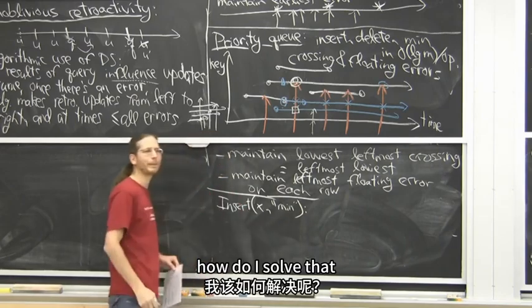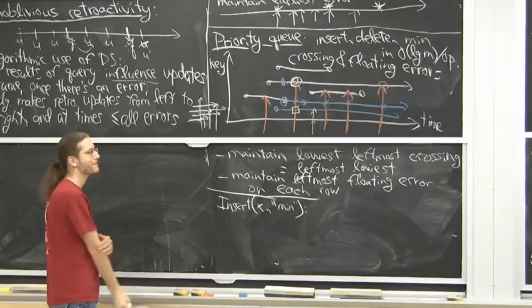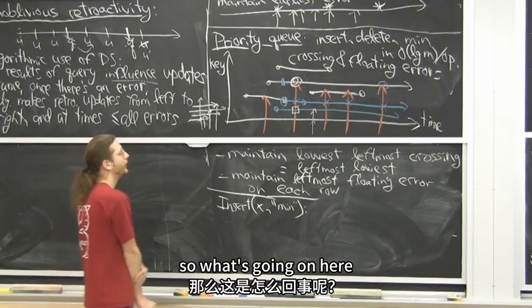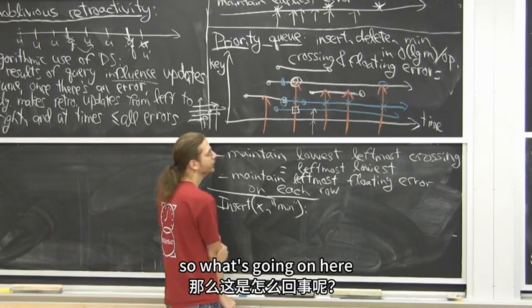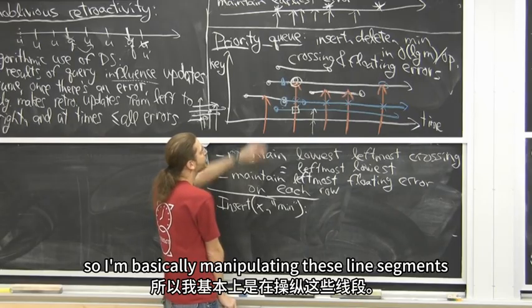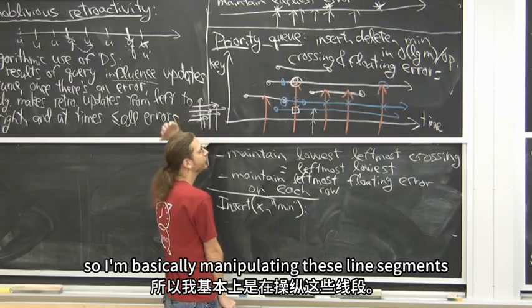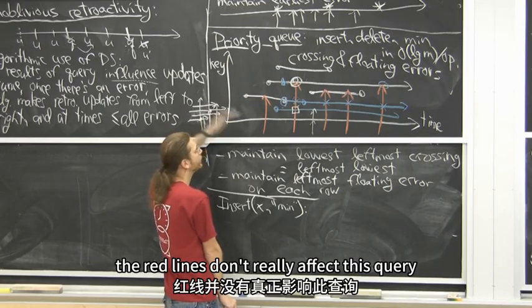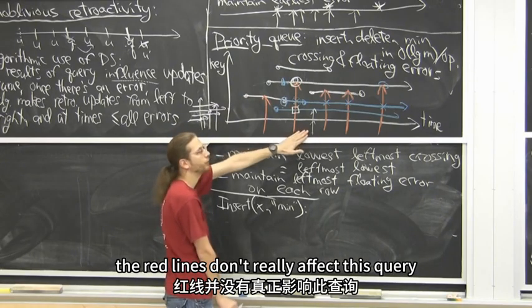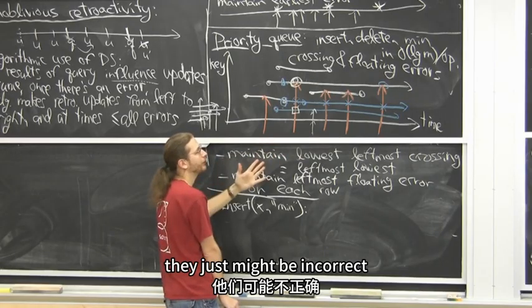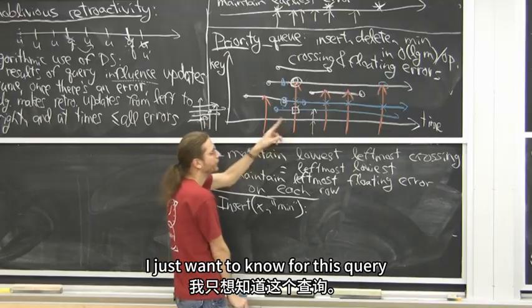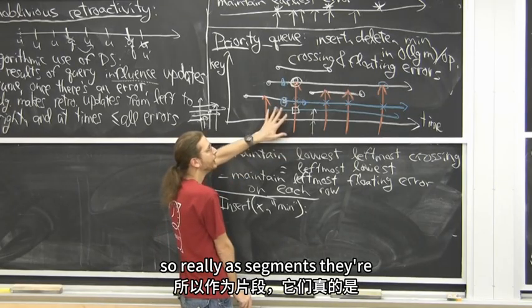How do I solve that? So what's going on here is I'm basically manipulating these line segments. I mean, the red lines don't really affect this query. They just might be incorrect, but I don't care if they're incorrect. I just want to know, for this query, what is the lowest segment? So really, I have segments.